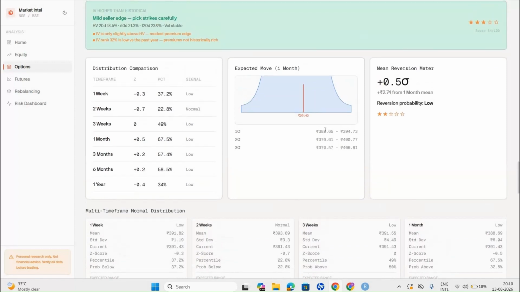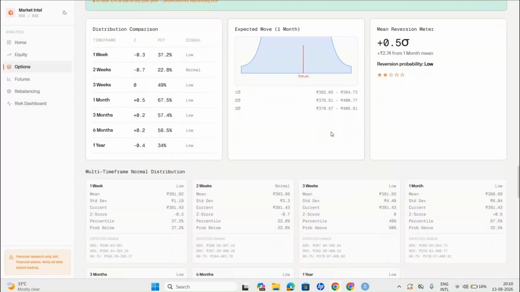Based upon that, you can sell the out of the money options. And this is like a reversal probability low. I can go on with the details, but you don't have to go into that much detail if you are new to option trading.